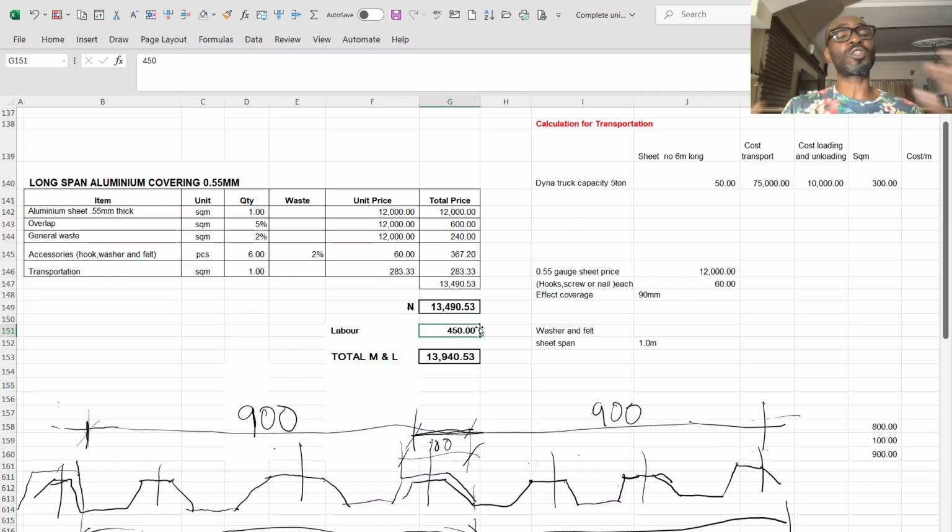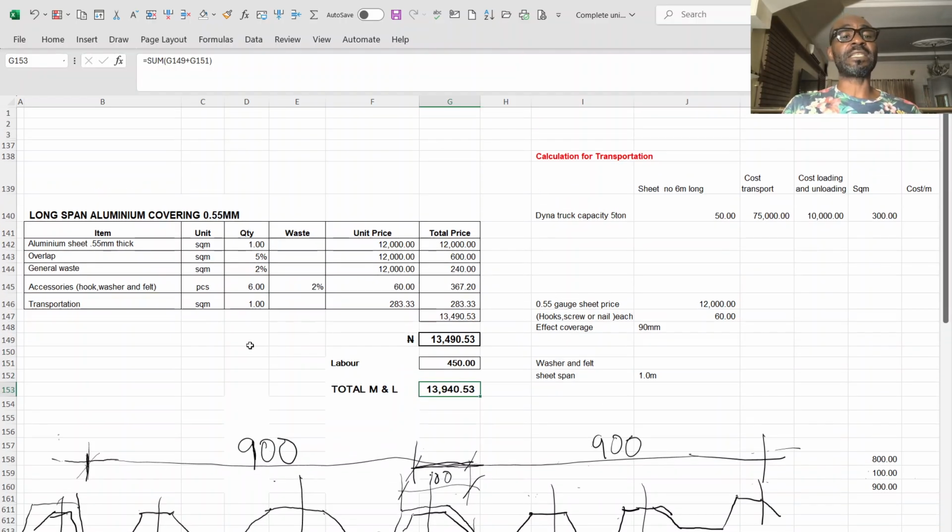Then you now know what the cost per square meter is. In this case, I'm using 450 per square meter. If you add it together with the cost of material, you're going to get 13,940 naira 53 kobo.